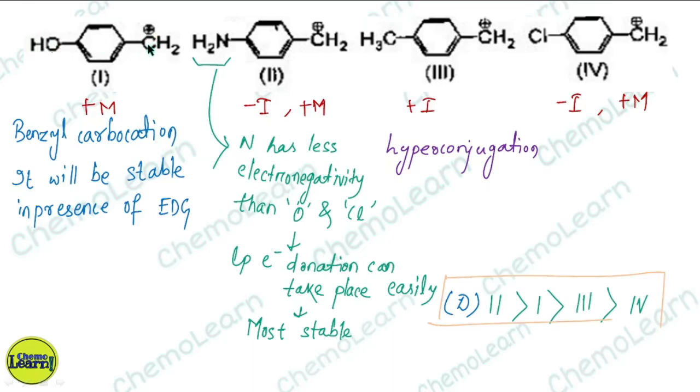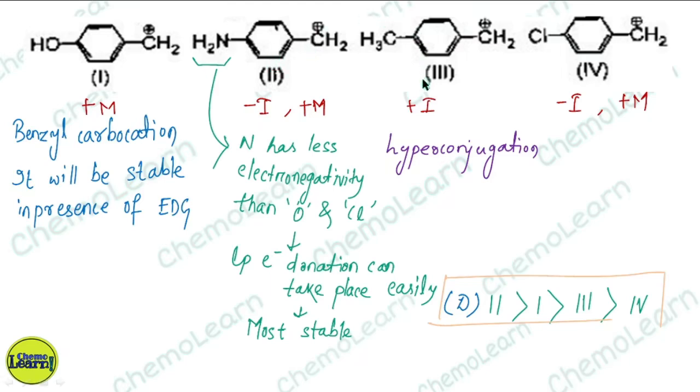Here the positive charge will decrease and it will become stable. So, this plus M effect enhances the stability. Whereas in option 2 we have NH2, which has minus I and plus M. So it will also donate its electron to CH2 plus and enhance the stability.